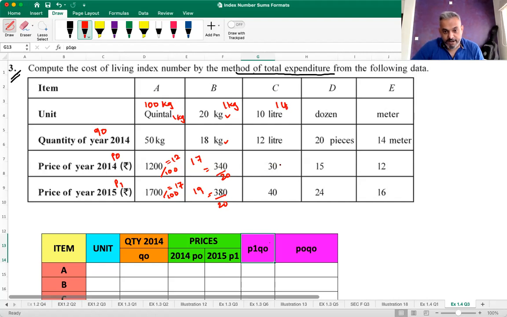This will be divided by 10, which is equal to 3, which is equal to 4. Then dozen and piece. So 1 dozen is 12 piece. So we convert it to 1 piece. And this price divide by 12.